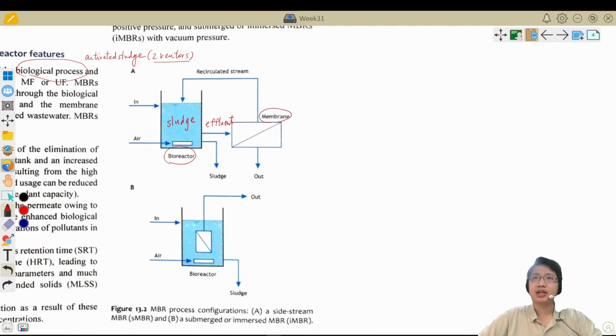If the membrane module is outside of the bioreactor, we call it a side stream MBR, or SMBR.